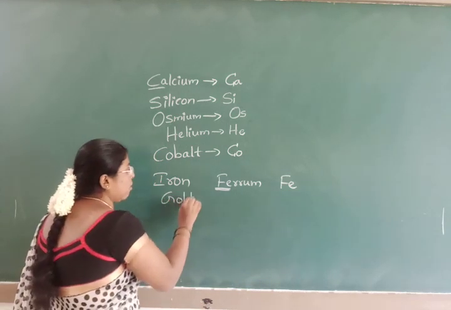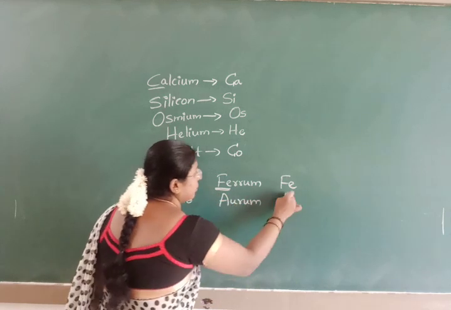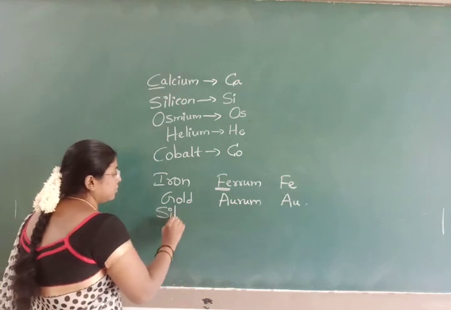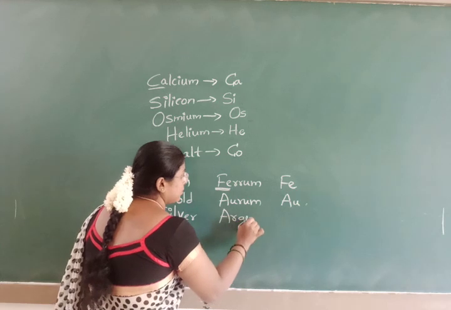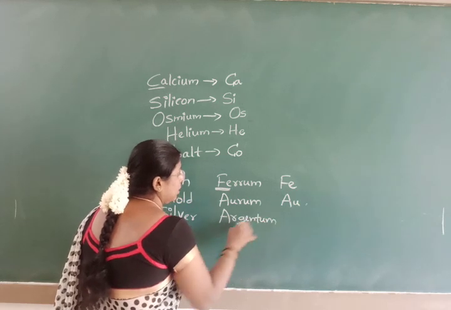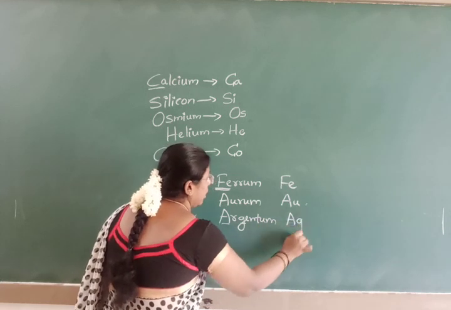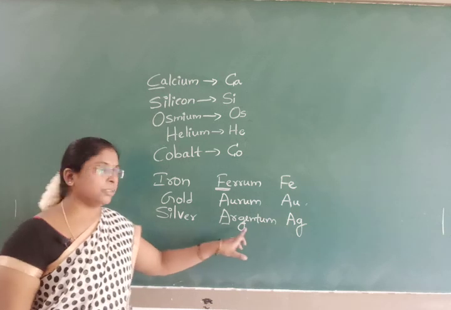Gold is aurum, Au. Silver is argentum. Here it has taken A and G, not AR, because AR represents argon. So hence it is taken Ag.